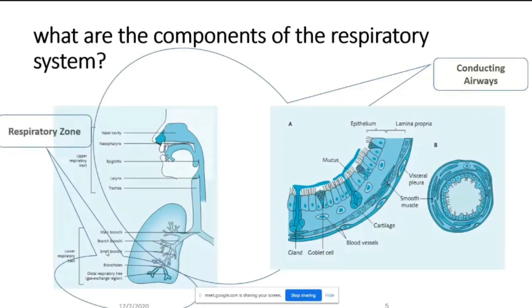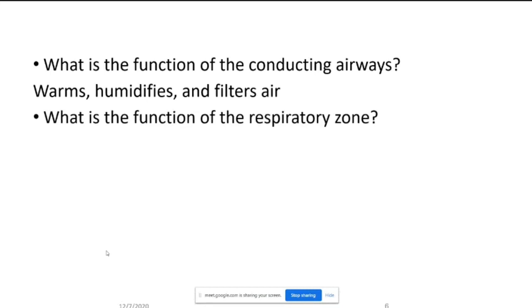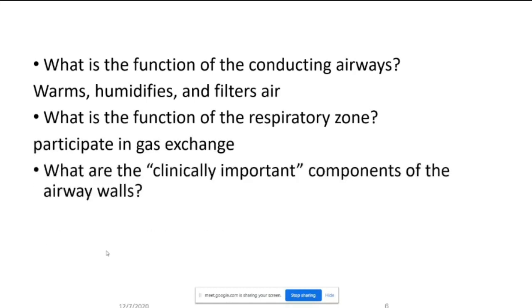Why is this information important clinically? Because the conducting airways deliver the air and at the same time warm, humidify and filter the air. The function of the respiratory zone is participation in gas exchange.